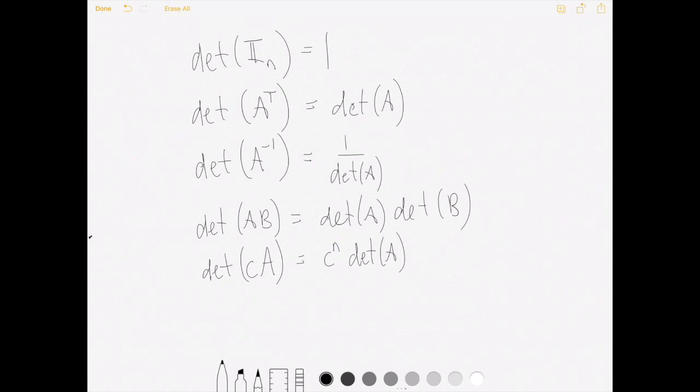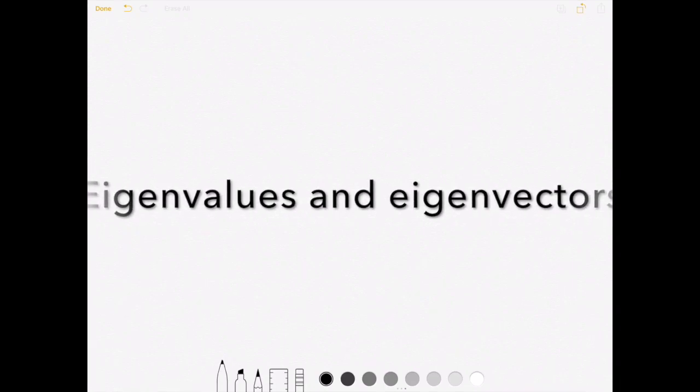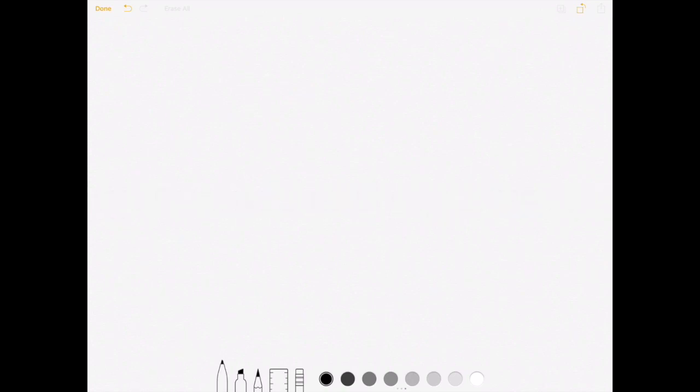Okay, so let's start looking at eigenvalues and eigenvectors. So let's start with a square matrix again. It's an n by n matrix.